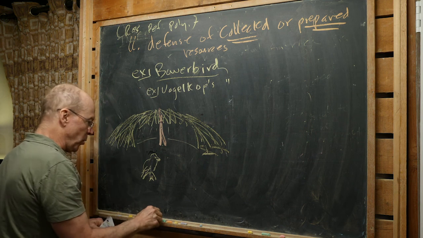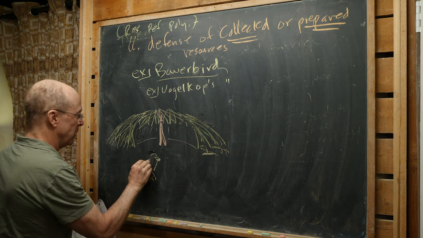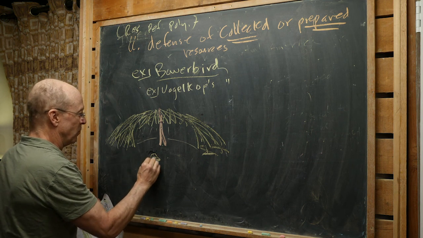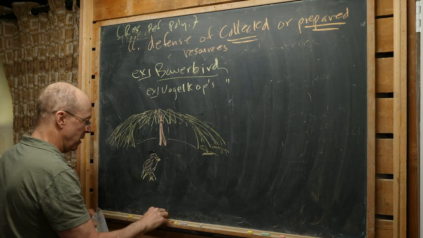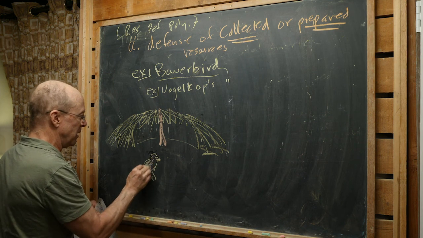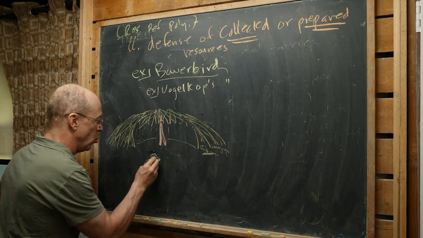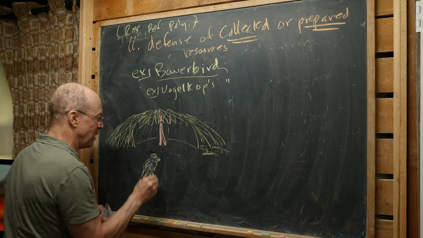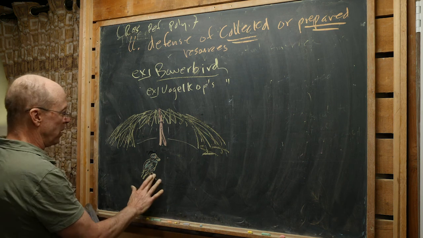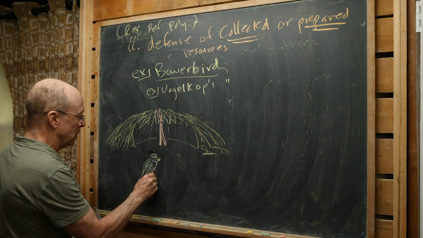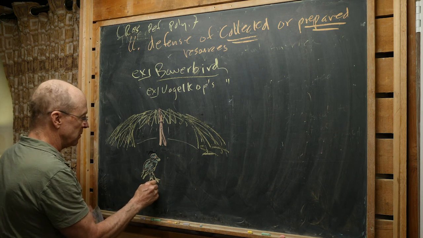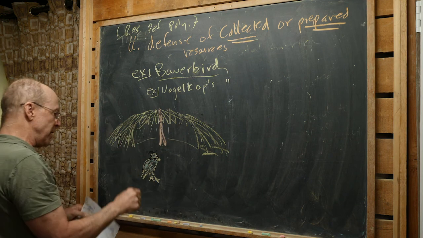And these bowerbirds are kind of yellow-green. They aren't really spectacular in their plumage, so to speak. But this is kind of what the bowerbird looks like. So our sexy, sexy bowerbird, actually not so sexy to the eye himself, but what he makes is sexy.